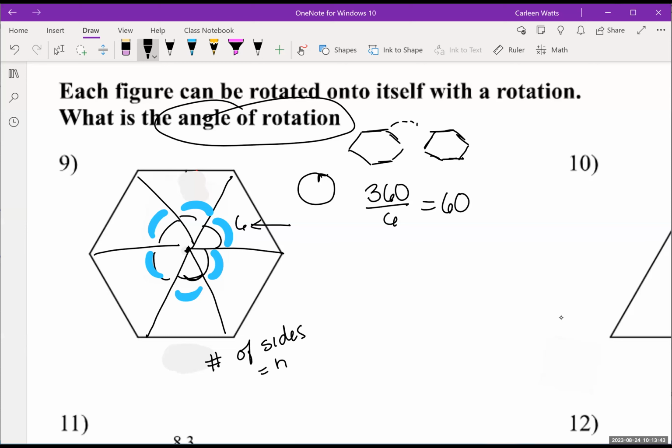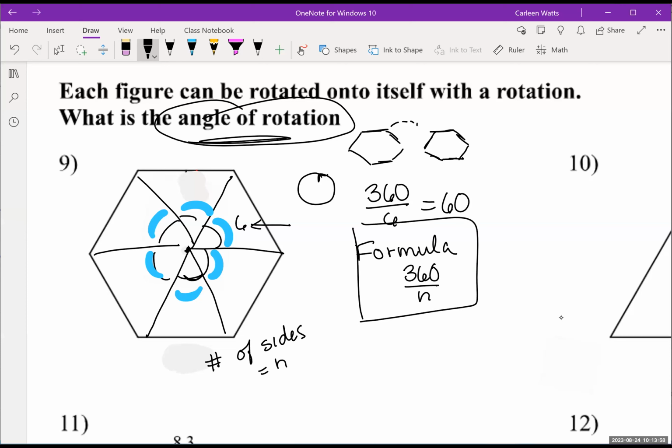That's a variable I tend to use for number of sides. So the formula for angle of rotation is 360 divided by n. Notice 360 is a constant, it does not change, right? The n is the number of sides each time.